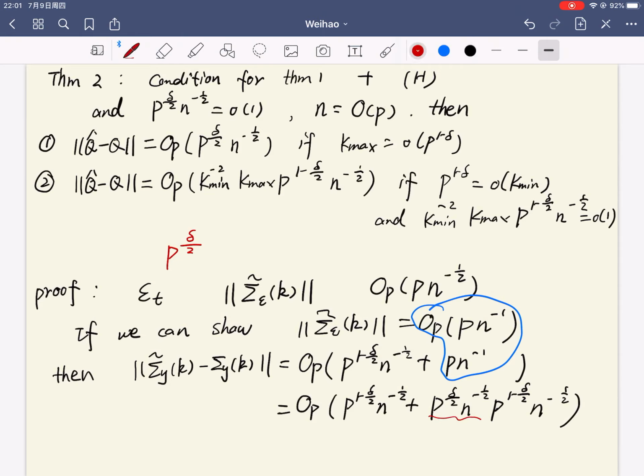Since this is little o1, the overall rate is big OP, which is improved by a factor of p power delta over 2.